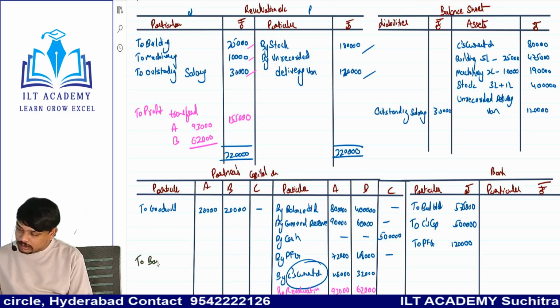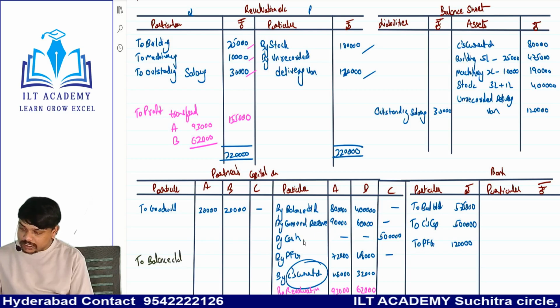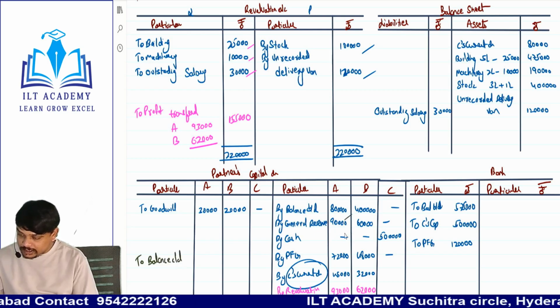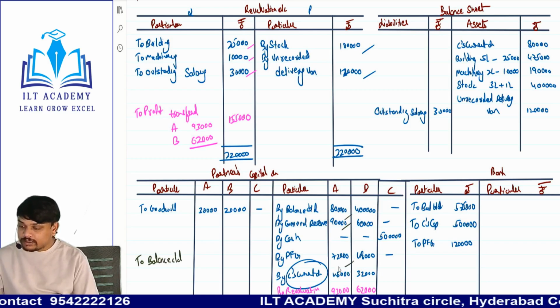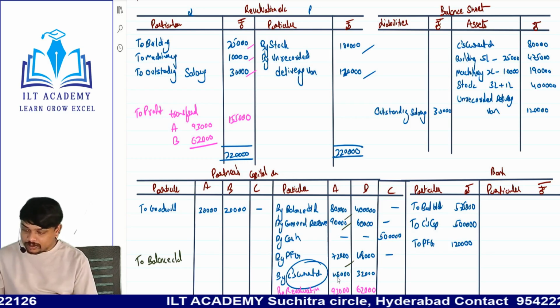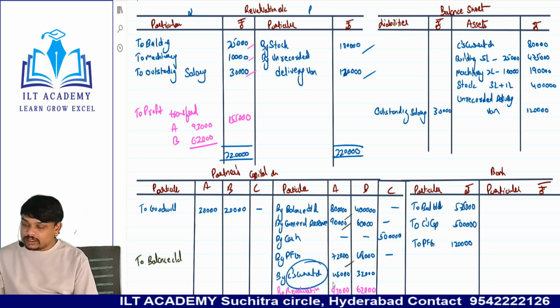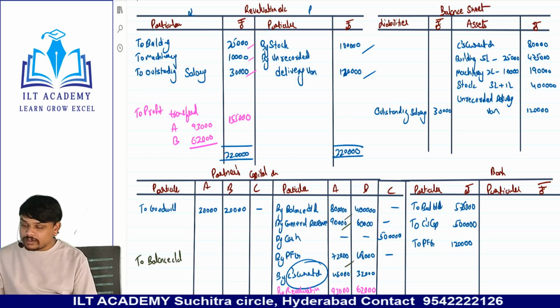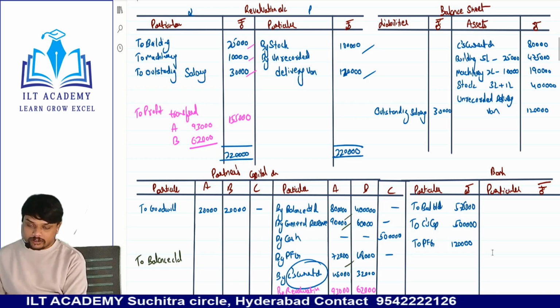Balance carried down: 8 lakhs plus 890, 962, 970, 1010, 1070, 1110.